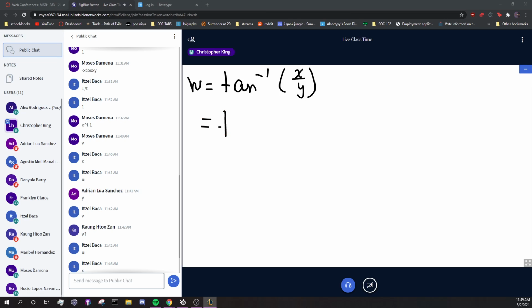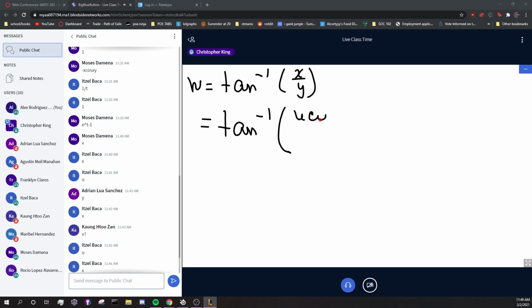So really, this is going to be the tangent inverse of, we said that x is defined as u times the cosine of v. We said that y is defined as u times the sine of v. Okay. So really, this is going to be the tangent inverse of just what?